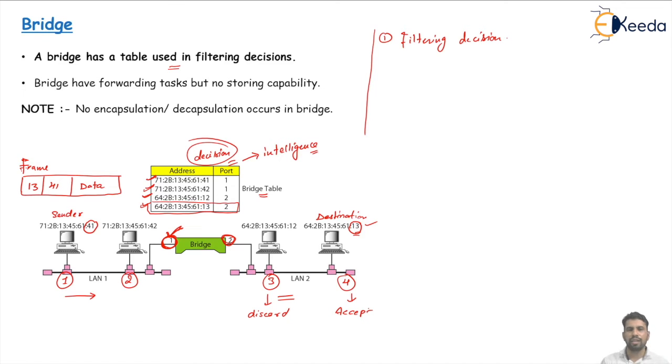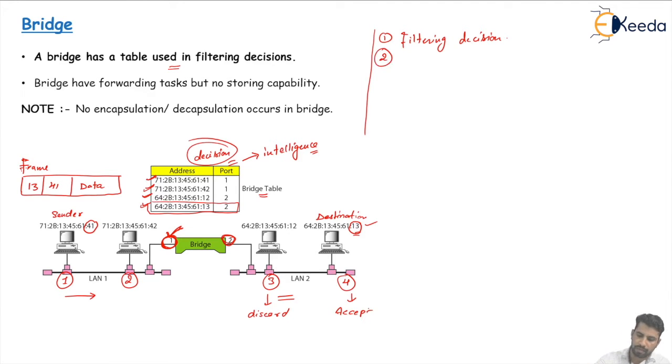That's why we say bridges have both hardware as well as software combinations. Here also we have more hardware but less software. That's why we say the bridge makes better decisions as compared to layer 1 devices like hub and repeater.